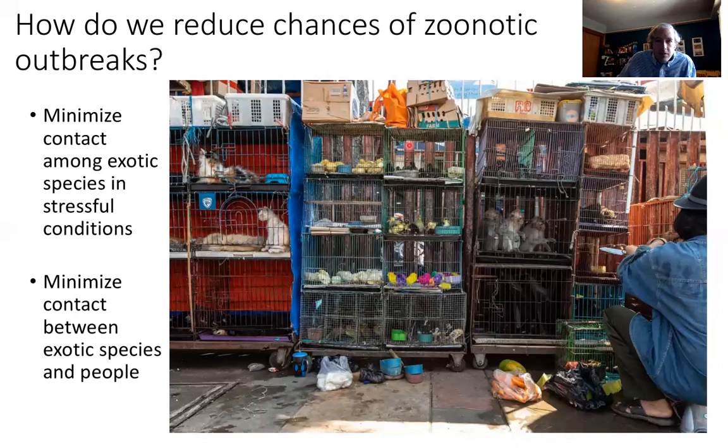So placing these animals in these highly stressful conditions means disease can run rampant amongst them, and then placing them in close contact with a person means that you're generating the perfect conditions for a novel pathogen to jump from one species to another and then to a person. So these sorts of markets, where you have animals in close contact with each other under stressful conditions for long periods and in contact with people, is a perfect setup for a disease outbreak.